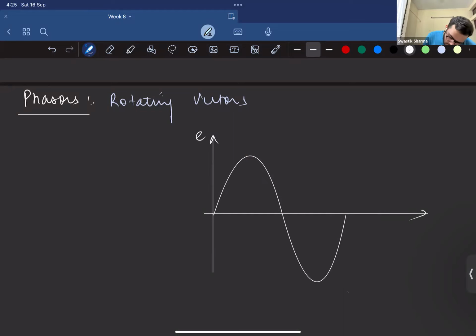Okay, so let's say this is our sinusoidal waveform of any EMF. So these are the maximum values and they occur at pi by 2, and it's given by Em, right?